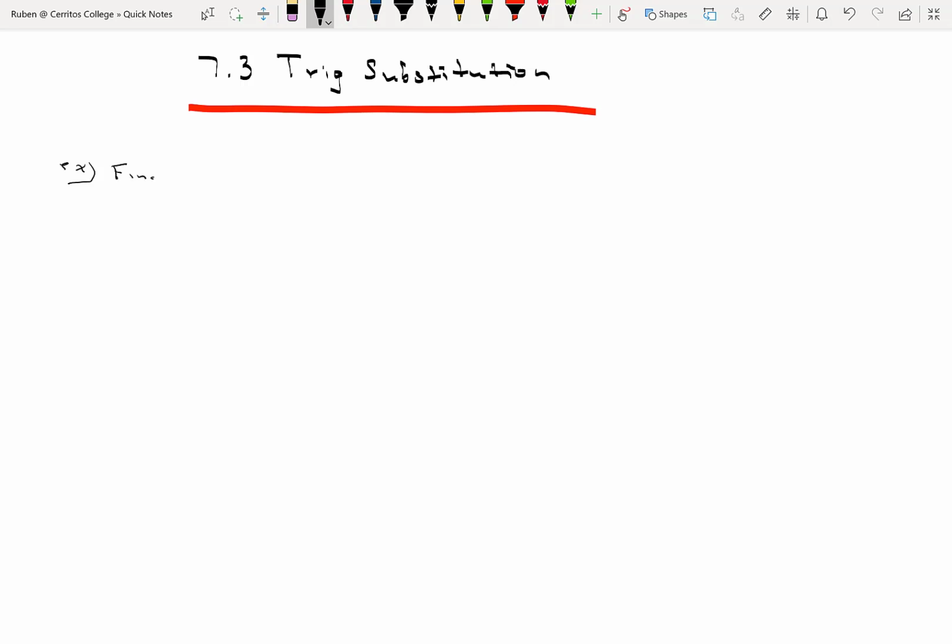Find the area of a circle of radius 3. And I want to use calculus to do that. Well, in order to use calculus to do that, I'm going to need something really big from Calc 1.